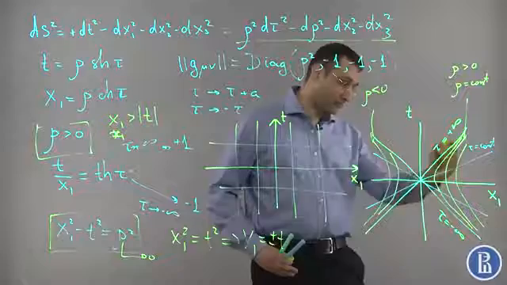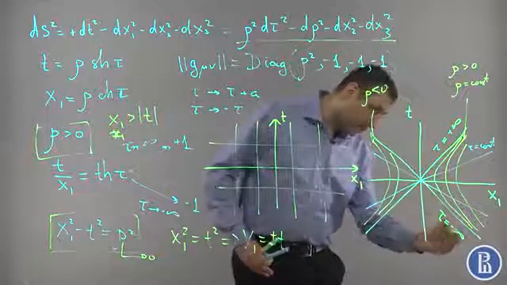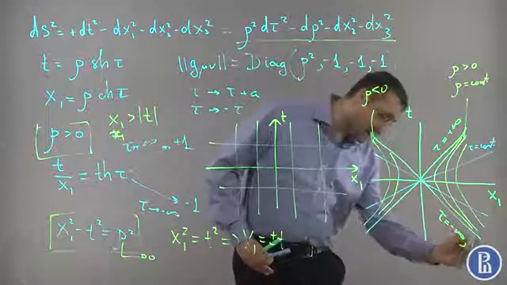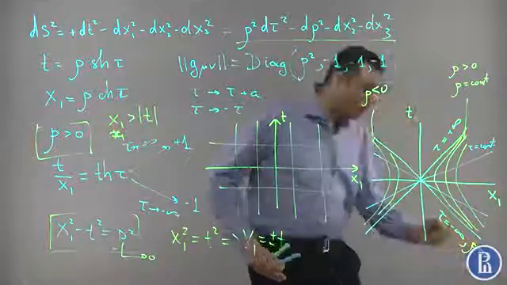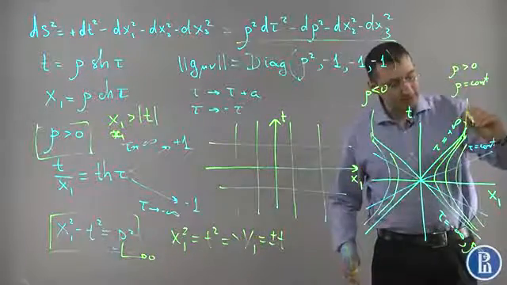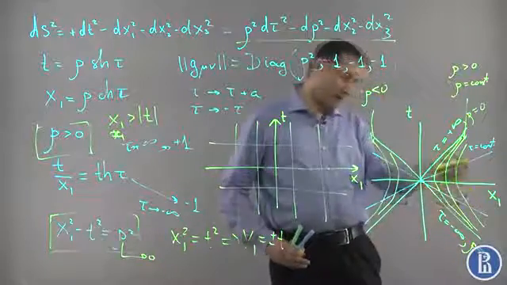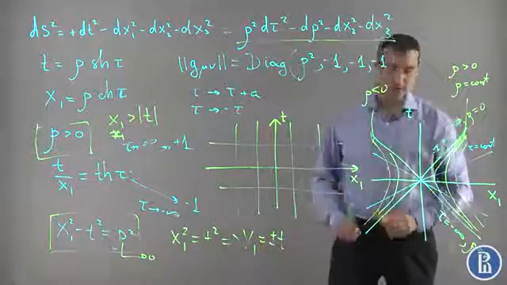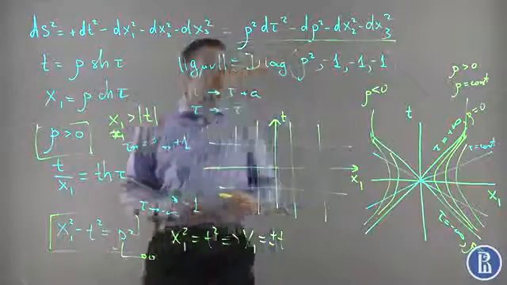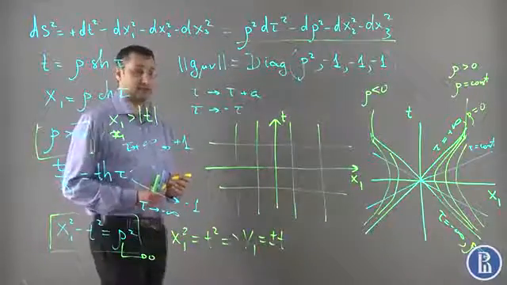So these lines correspond simultaneously to tau minus infinity and rho equals 0, and tau plus infinity and rho equals 0. And intermediate values of tau are here, intermediate values of rho are here. So we have this kind of strange coordinate system.